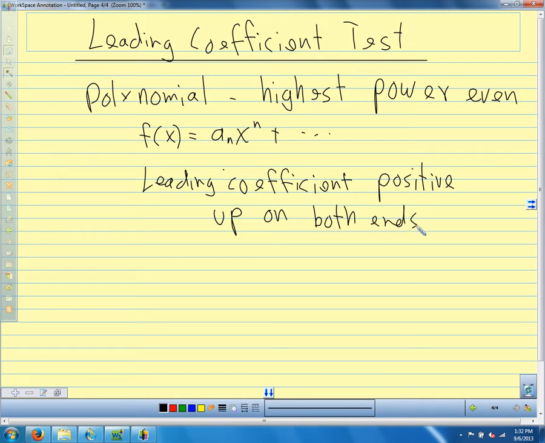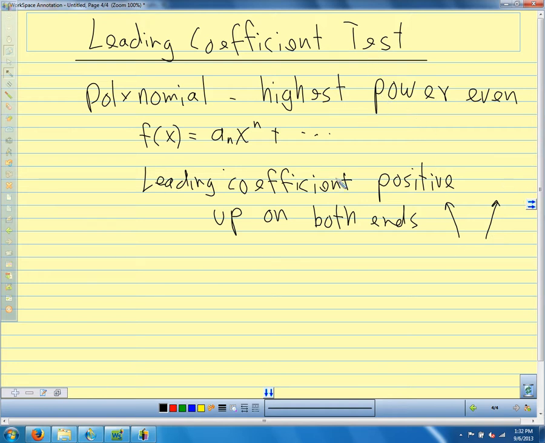Eventually. And what we usually do is draw a little picture. So this shows what happens with our polynomial eventually. It could do a lot of other things in between, but eventually as x gets very large, it's going to keep increasing on both sides.